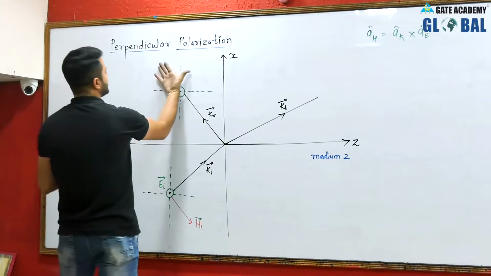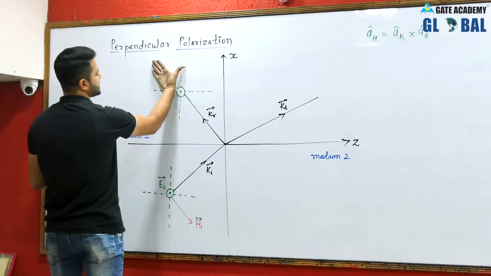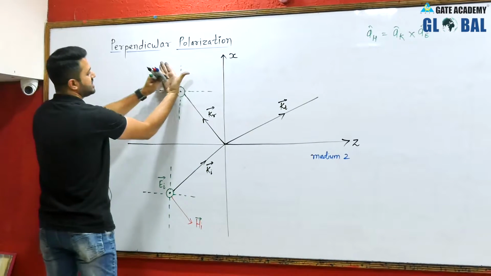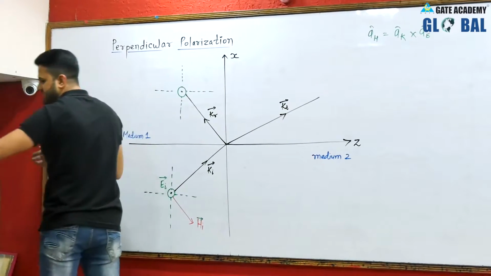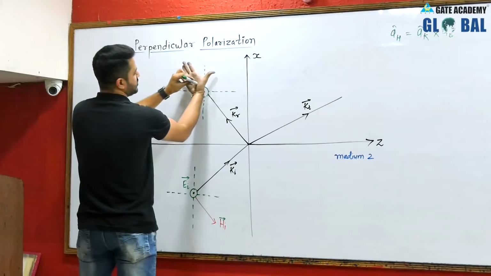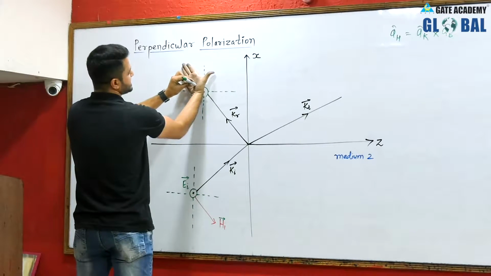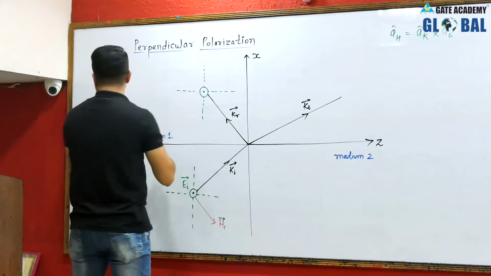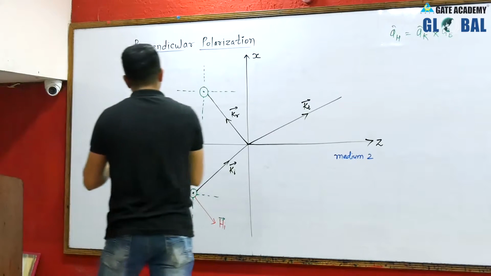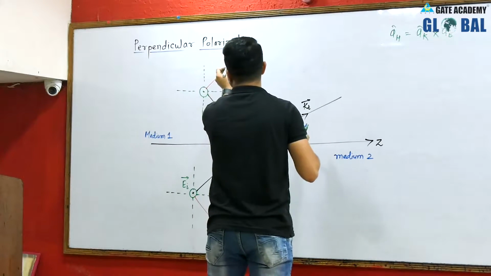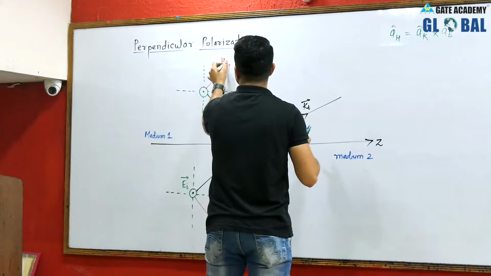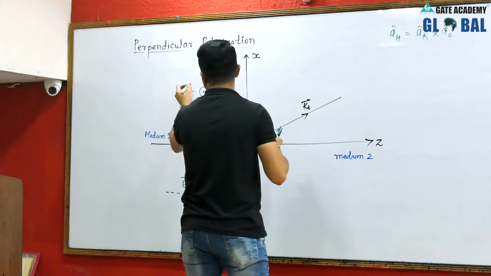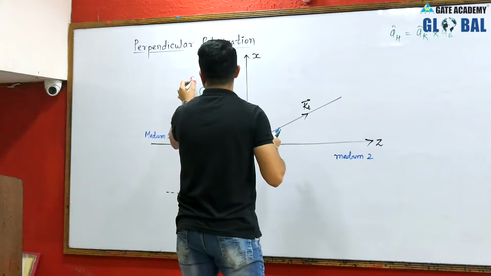This is the direction of propagation and the electric field is outside the board. If I curl my finger from this to this, my thumb points in this direction. It means this would be the direction of the magnetic field. So this is HR, and this is ER.